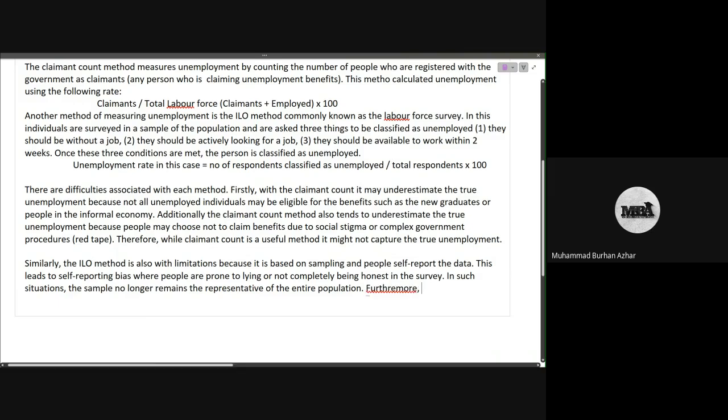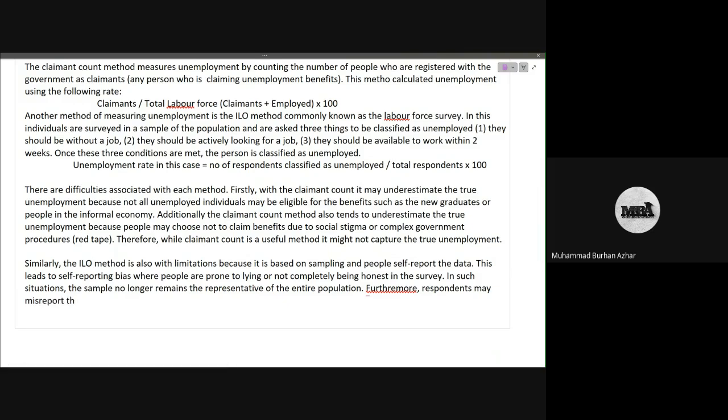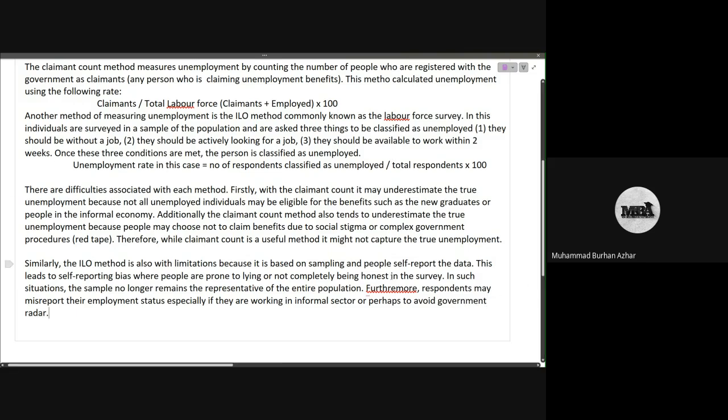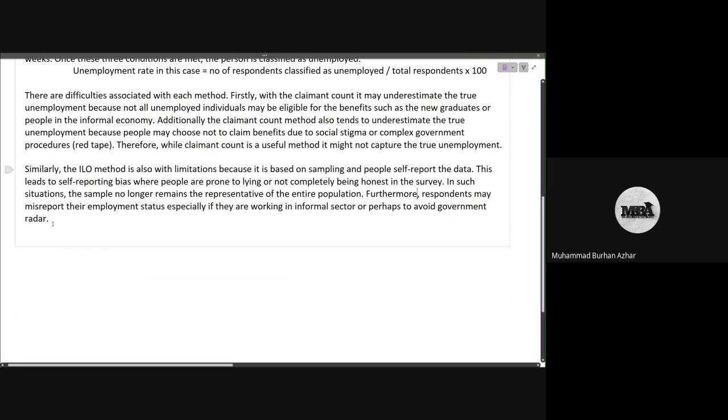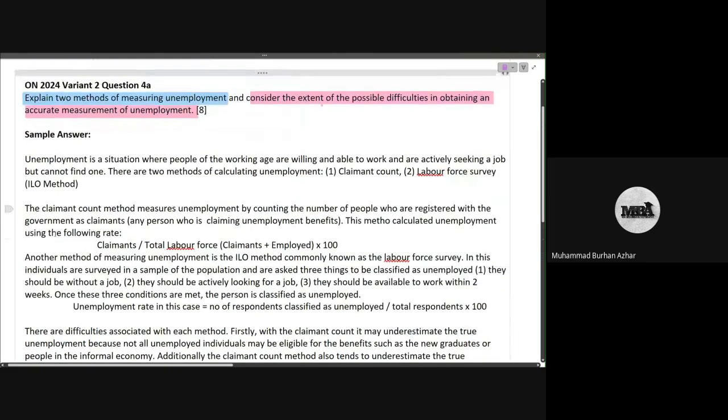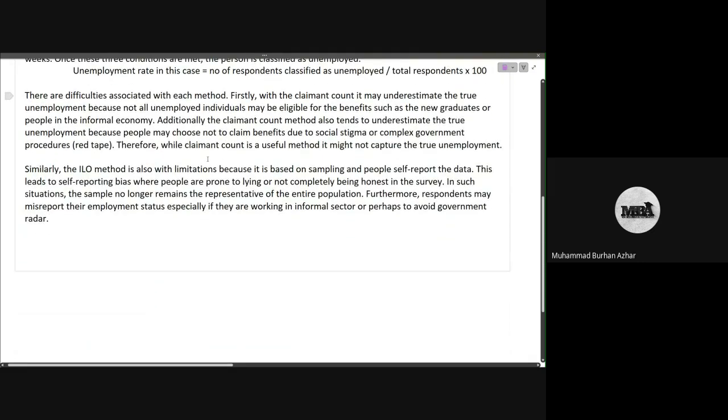And furthermore, respondents may misreport their employment status, especially if they are working in the informal sector or perhaps to avoid government radar. So that's why there are problems associated with it. So now we have covered the second part of this question, which is the possible difficulties in obtaining the data. Now we'll move on to the conclusion.